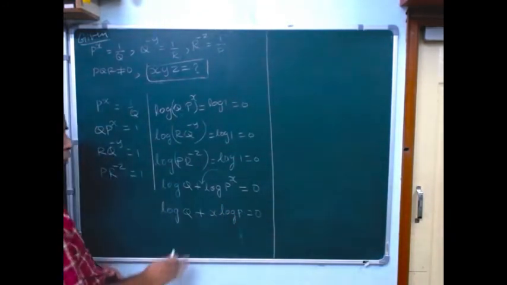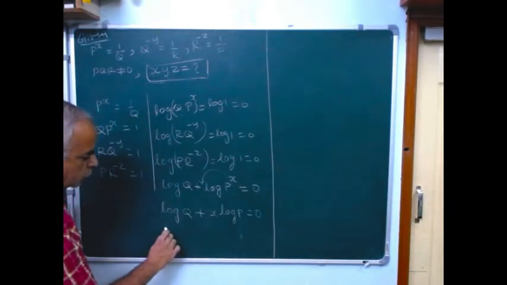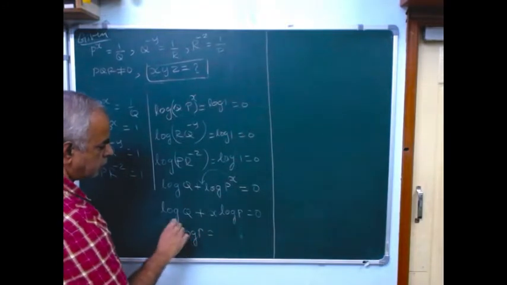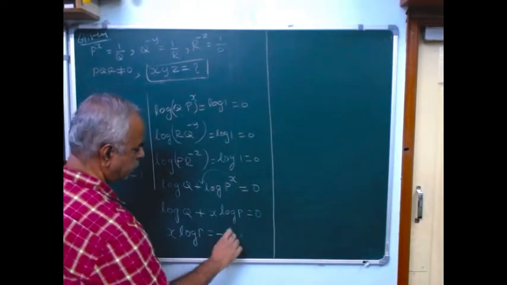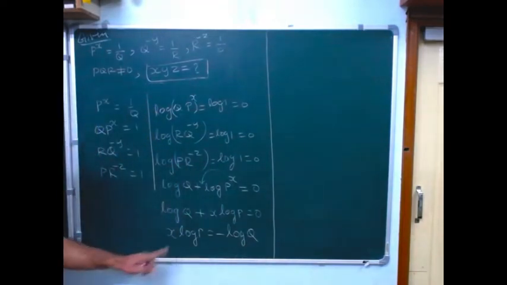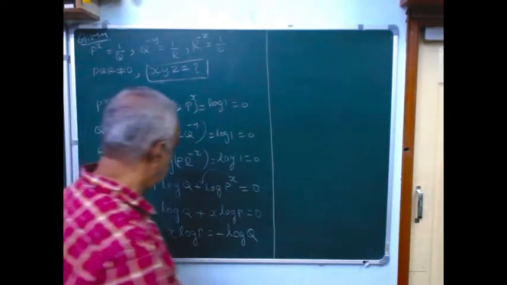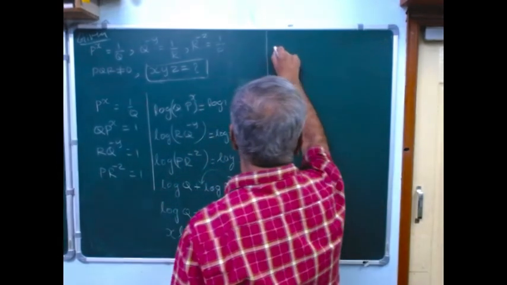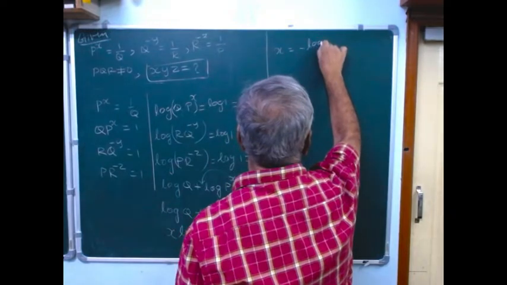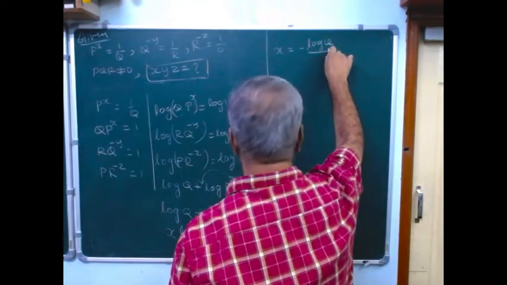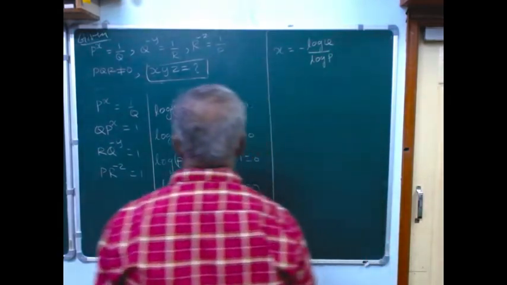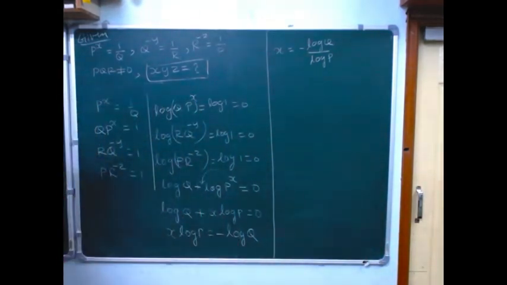So our idea is to isolate this x. So retain x log p, and you can bring this to the other side, so minus log q. Okay, and what is x? You can bring this log p to the denominator. Therefore, x is equal to minus log q divided by log p. Got this?